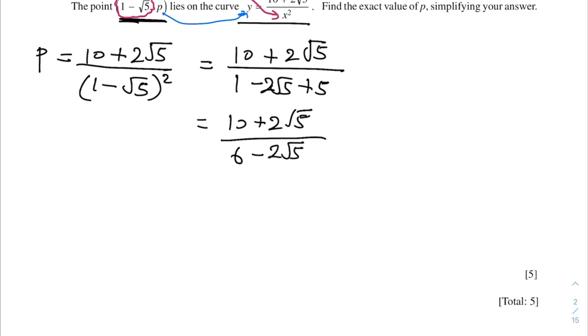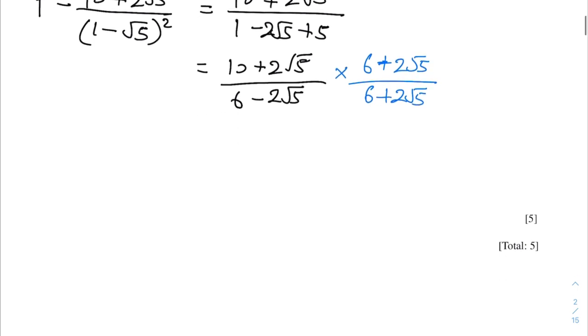Now at this stage, you want to rationalize your working. So you use the conjugate, right? The opposite of the denominator, all right? And then you'll be fine. Now let's multiply out the conjugate. So first I'll use this 10 to multiply everything here. So that will give me 60, all right, plus 20 root 5.